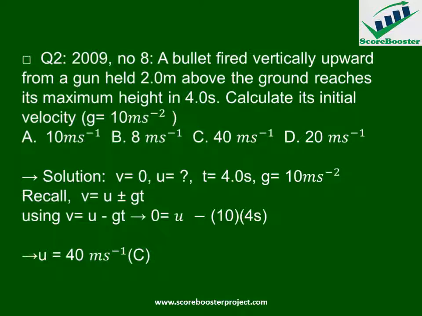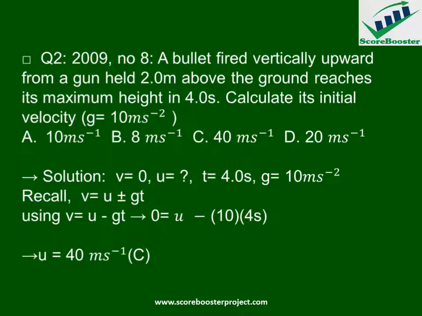Calculate its initial velocity. Acceleration due to gravity g equals 10 meter per second square. Then you are given options. Option A to be 10 meter per second, option B to be 8 meter per second, option C to be 40 meter per second, option D to be 20 meter per second.